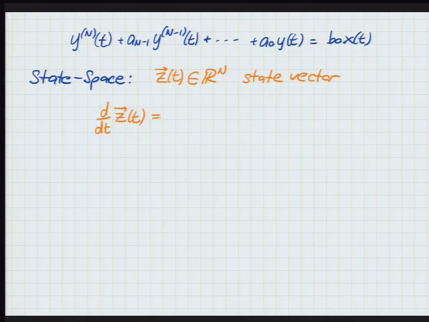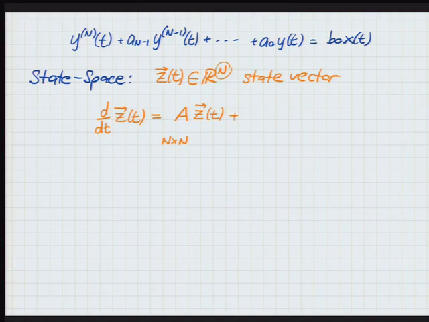It is a matrix A times z of t. What's the dimension of this? dz dt has the same dimension as z, which is R^n, an n vector. So both the derivative and z are column vectors. So what must A be? A matrix that is n by n, if z has dimension n.